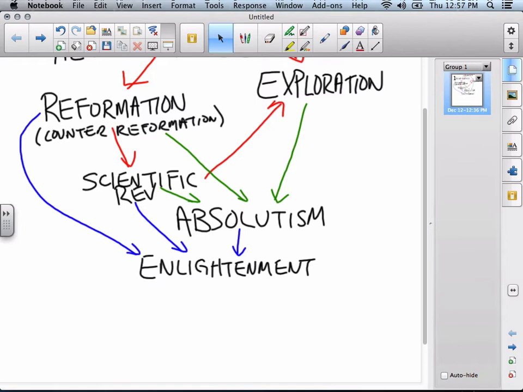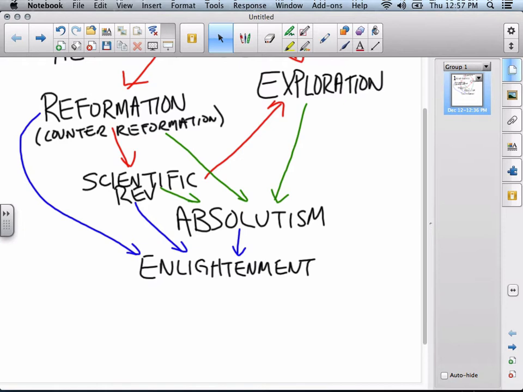And that questioning was made okay by the Reformation and reinforced by the scientific revolution. So questioning one more thing is certainly aided by our societal permission to question other things before. So now we're questioning absolute rulers.